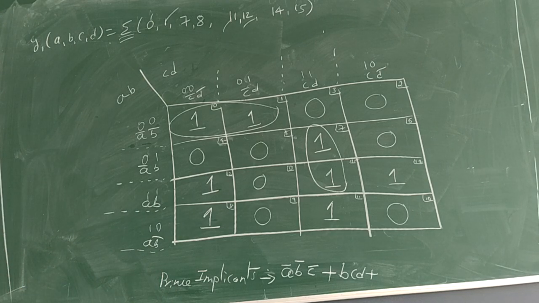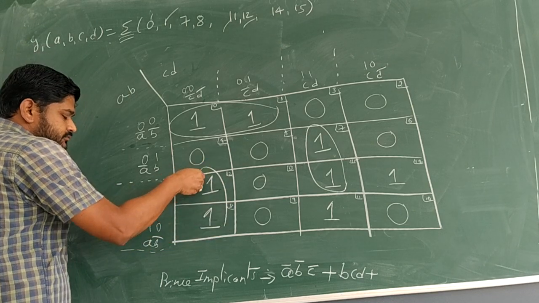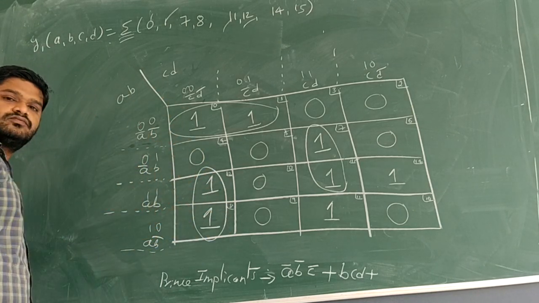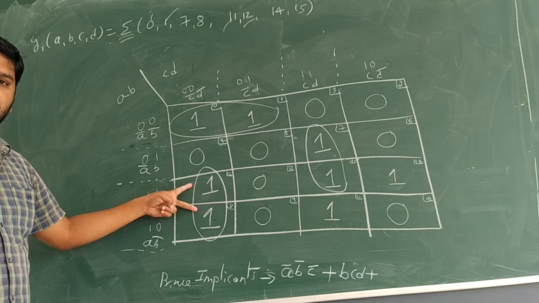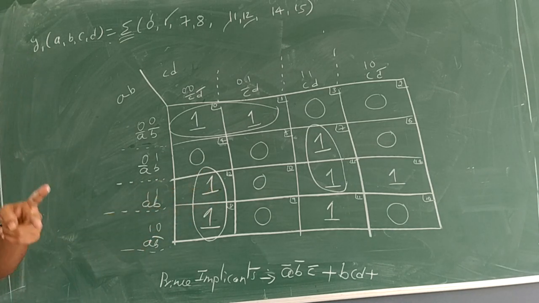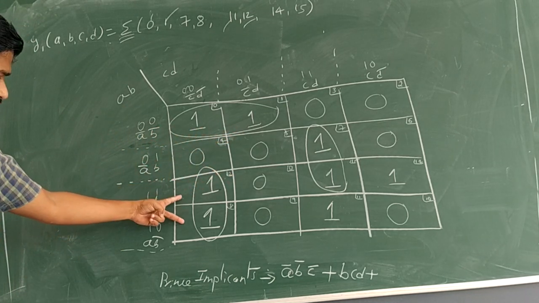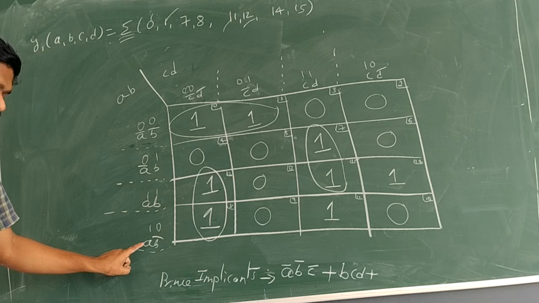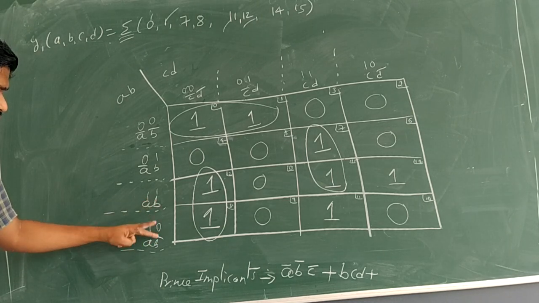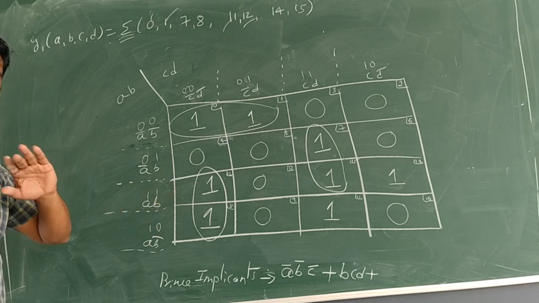Now, next, this one. So this is the third cover. It is a vertical cover between 2 rows. If there are 2 rows, we have to compare the 2 row functions. What are those? AB, AB bar. What is changed? One side B, one side B bar. Cancel it, meaning neglect.